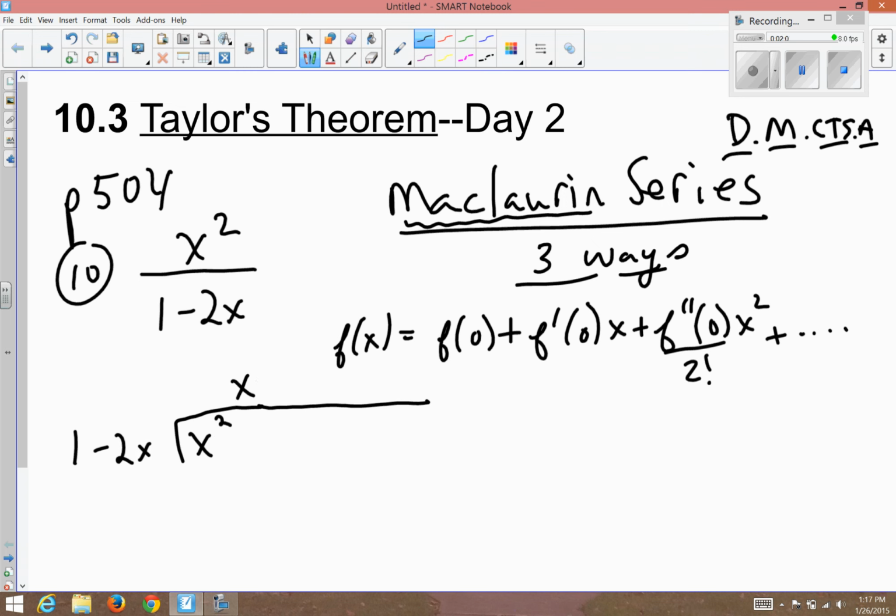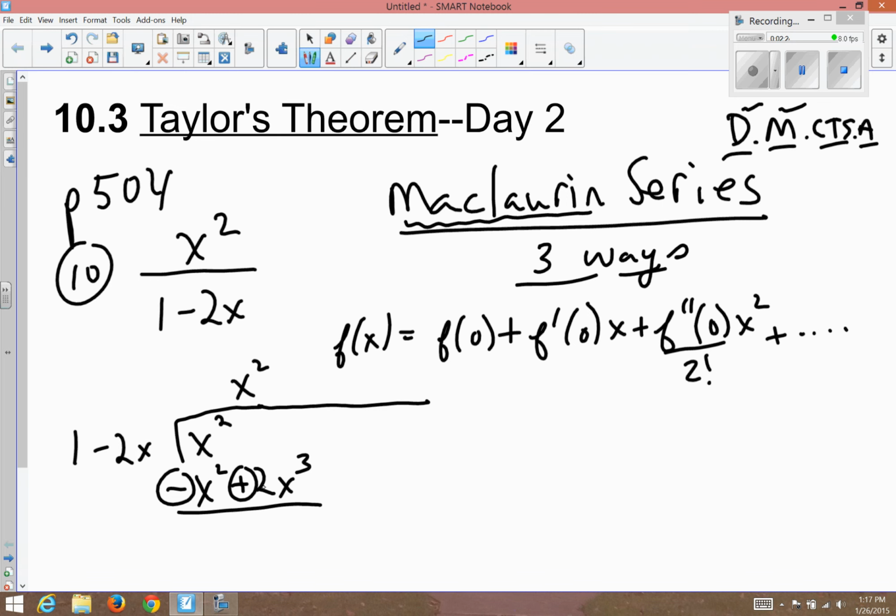And that's x squared. Then multiply means multiply what I just wrote times everything out here. X squared times 1 minus 2x is x squared minus 2x cubed. Change the signs. This becomes negative and this becomes positive. Add. First column 0.